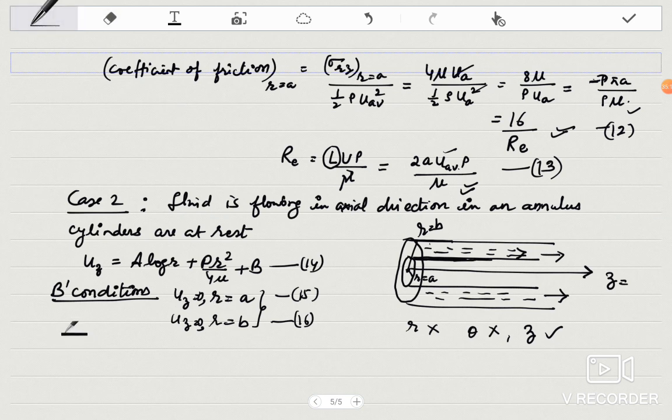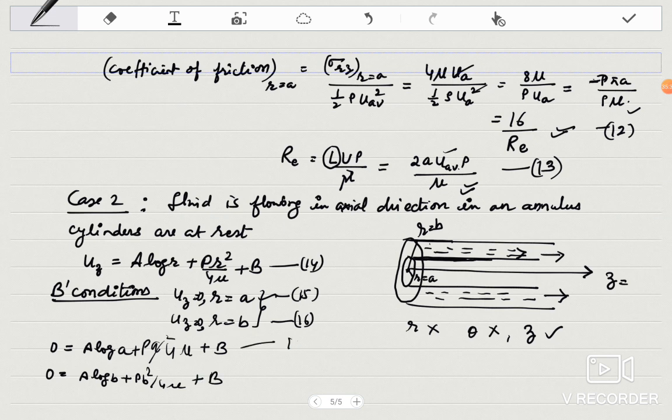So it is 0 is equal to A log a because of this boundary condition, plus P a square upon 4 mu plus B. And second, 0 is equal to A log b plus P b square upon 4 mu plus B. So these are two equations corresponding to the boundary conditions. You may solve very easily for A and B. You solve for A and B and put in 14, you will get your velocity distribution.